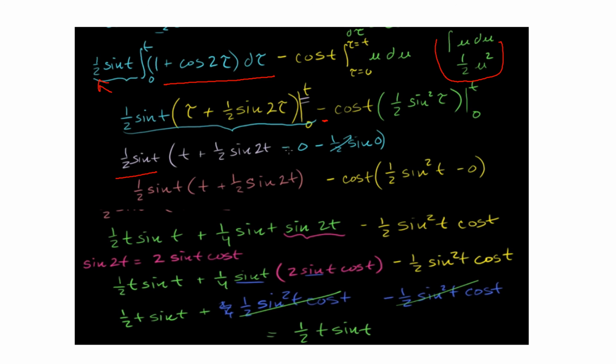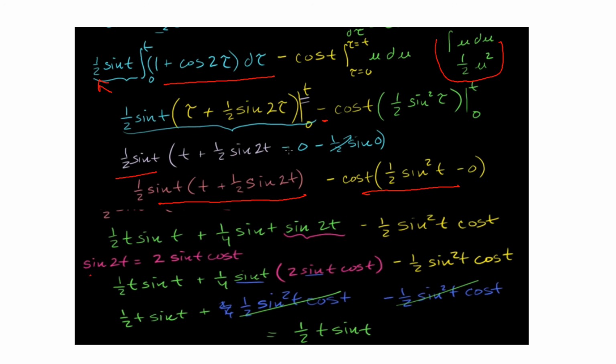For the second term also, cos t times half sine square t minus the lower limit 0. This reduces to, expanding the bracket, sine t times t, so t sine t plus 1 by 2 and 1 by 2, that is 1 by 4 times sine t sine 2t, minus, here also, half sine square t cos t.